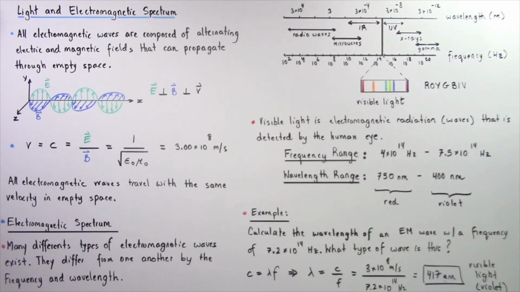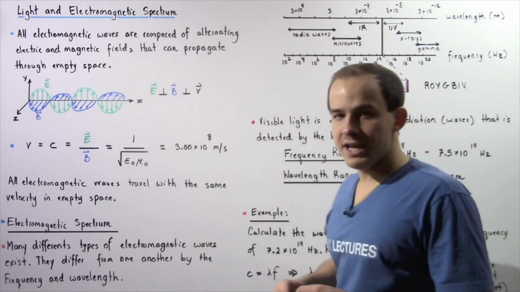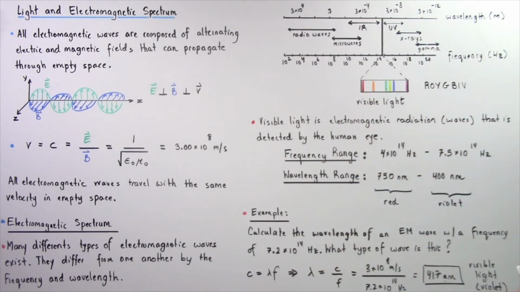Let's examine the following example in which we're going to use the frequency to calculate the wavelength of our electromagnetic radiation. Calculate the wavelength of an electromagnetic wave with a frequency of about 7.2 times 10 to the 14 hertz.